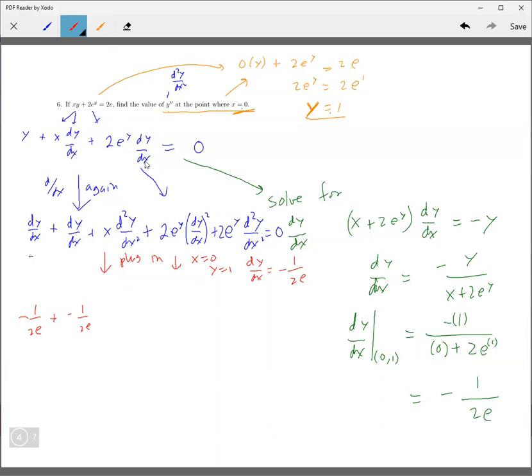But since I already have a dy/dx, that's going to be 2 of them, so squared. So it's the product rule. This term right here gives me that one and that one by the product rule.